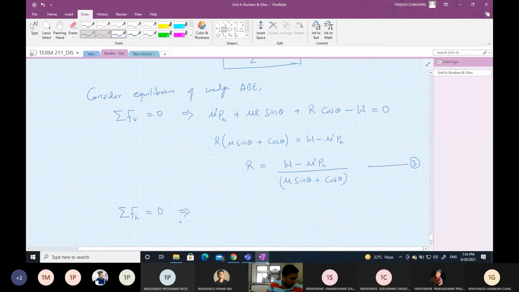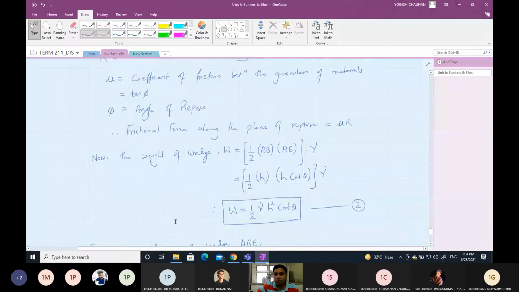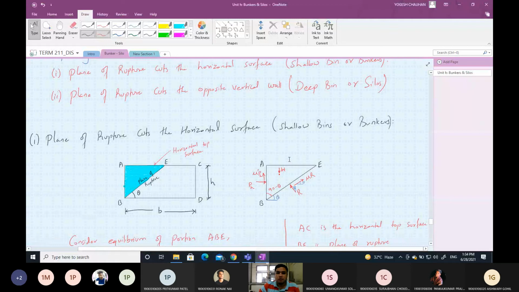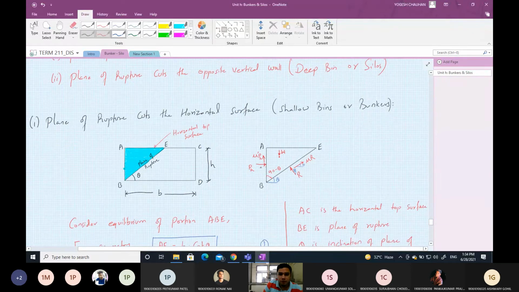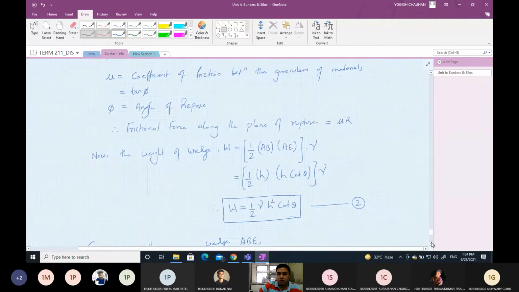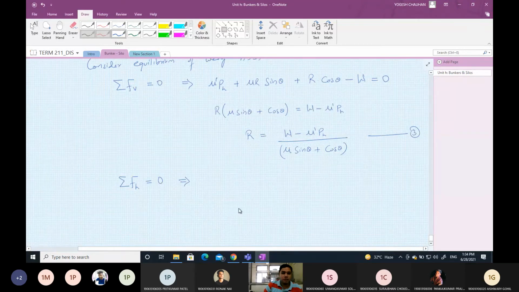This implies, now we'll take the horizontal components of all the forces, so the horizontal force is pH, then mu r cos theta, then minus r sin theta. So these are all the horizontal forces and the wedge is in equilibrium, so summation of all this should be equal to 0.